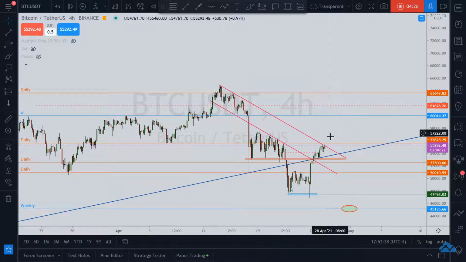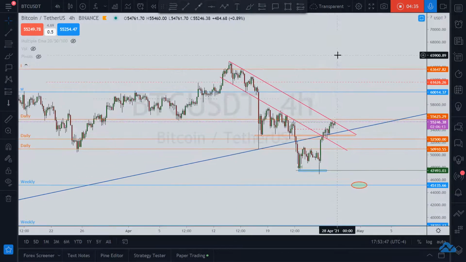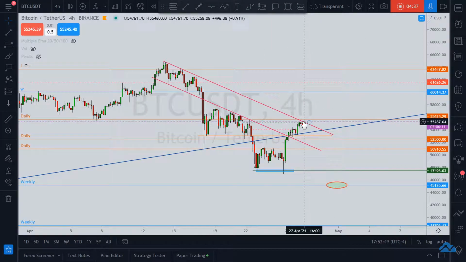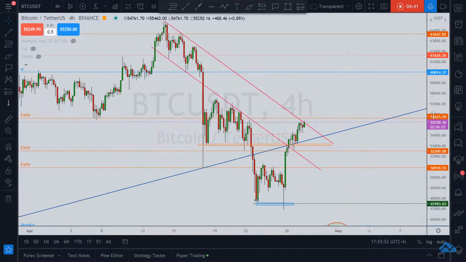You'll see we are now testing the top of this descending channel, right at that daily level of support and resistance, that key level.